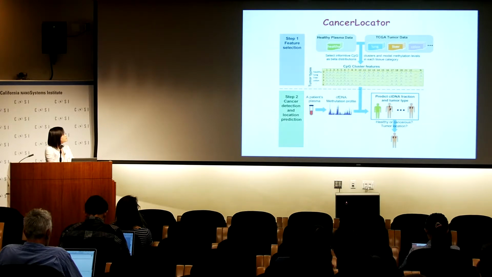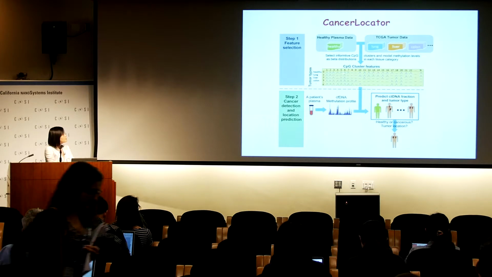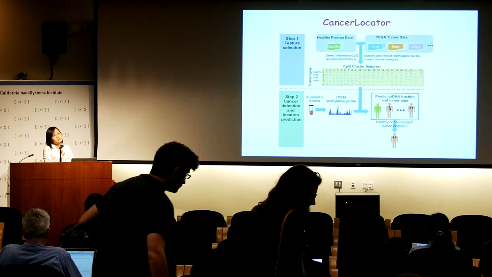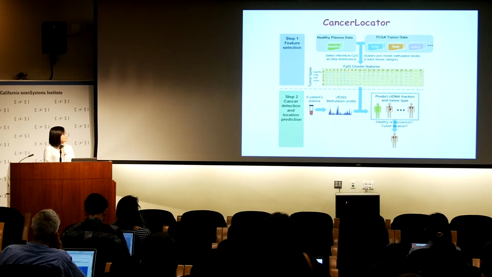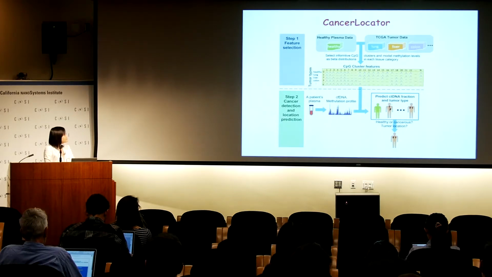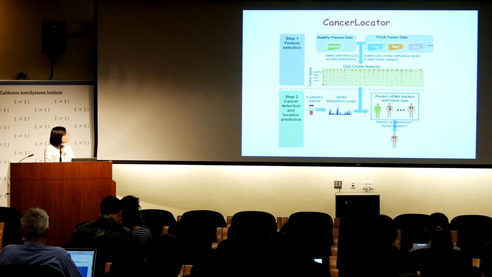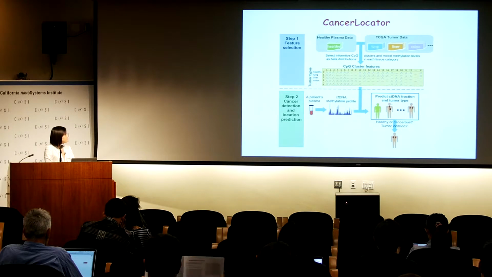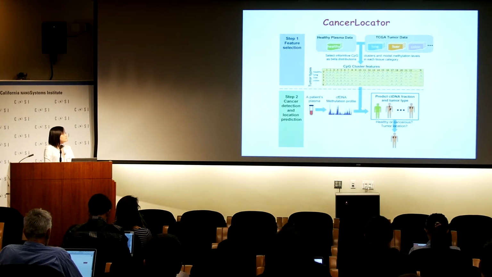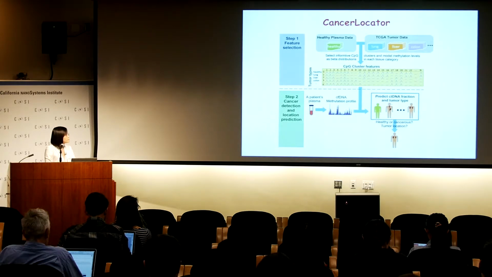Those are CpG sites or CpG clusters that have variable methylation patterns across different tissues, in different types of cancer. So once we have this feature set, in the second step, when the patient's plasma comes in, we isolate its cell-free DNA and perform methylation profiling, and then using these features, we build this machine learning, statistical approach, to predict the cell-free DNA fraction and also the tumor type.